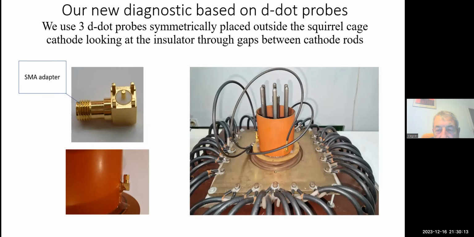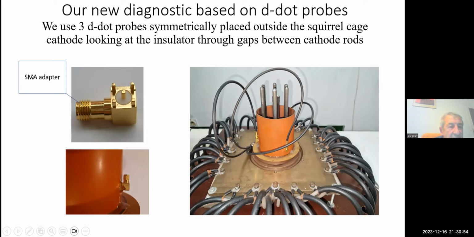So here is a picture of our PF machine. Here is the electrode system with the upper part of the chamber removed, and here are the electrodes, and here are these probes, 3 of them. This picture shows the same plastic tube with this part which is fastened to the plastic tube.